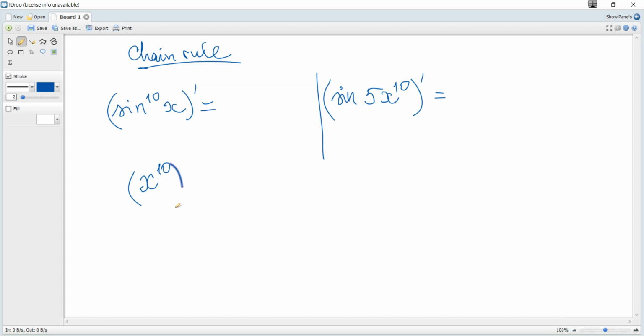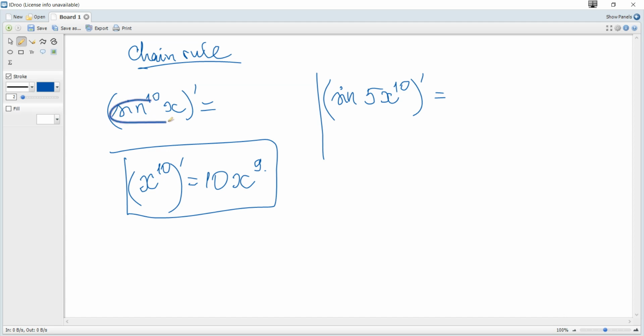The derivative of x to the power of 10 is 10x to the power of 9, but instead of x you should just copy all this expression without power, so it becomes 10 sine x to the power of 9. We just write the power here.